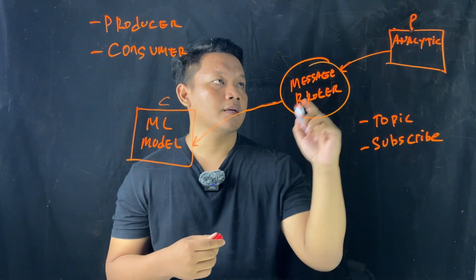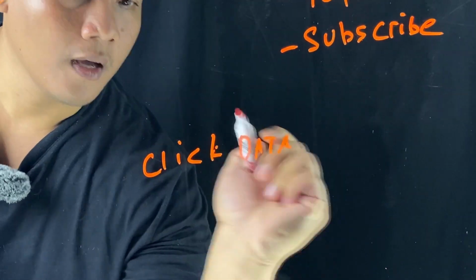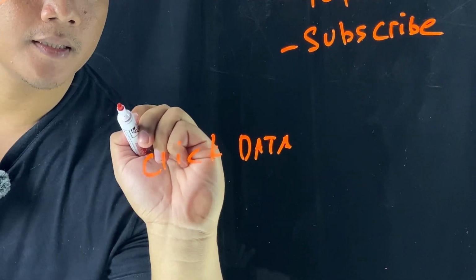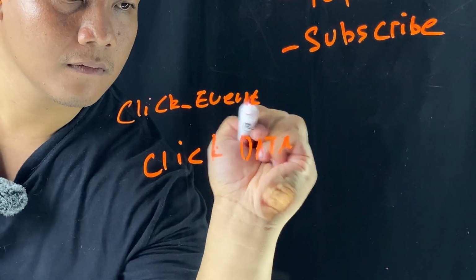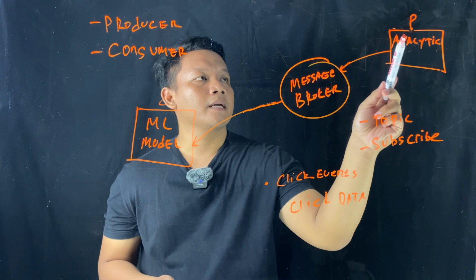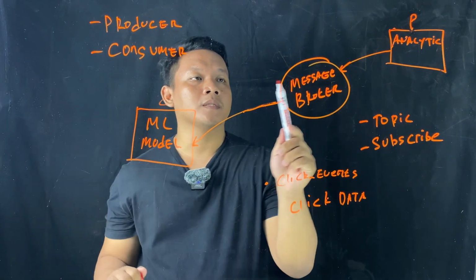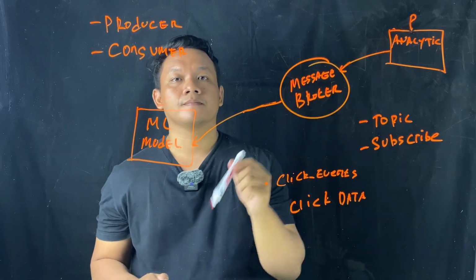Let's say the producer here sends click data under a specific topic, let's say click event. And the producer only cares about sending the data into the message broker. The rest is what the message broker will handle.